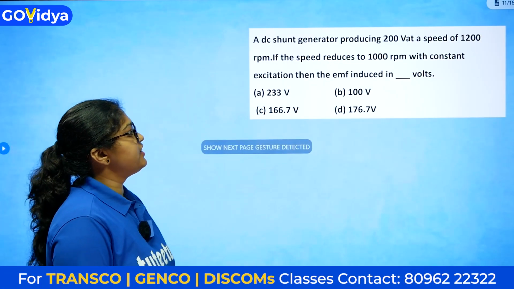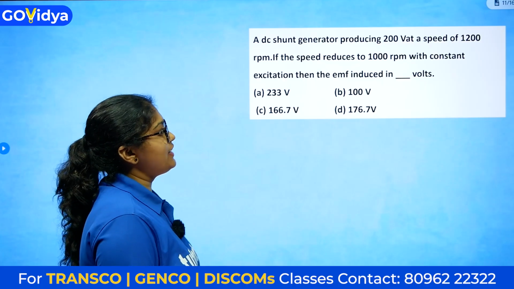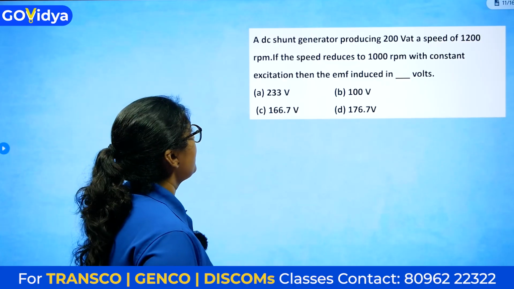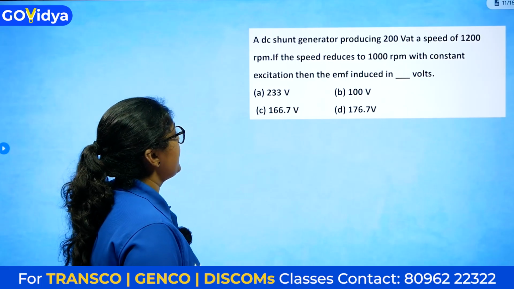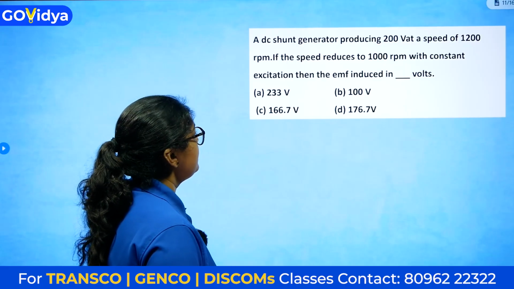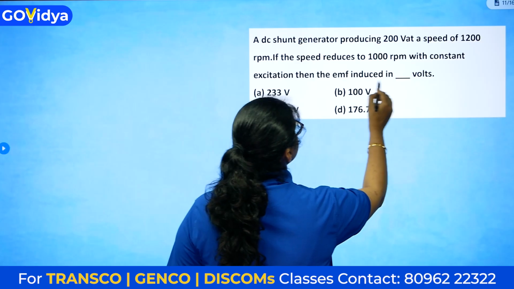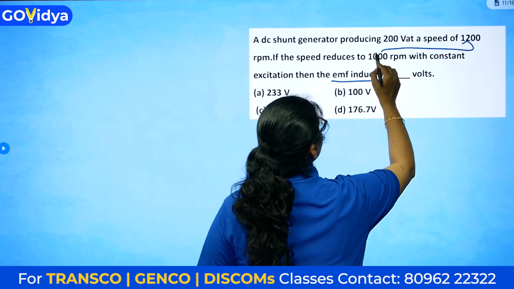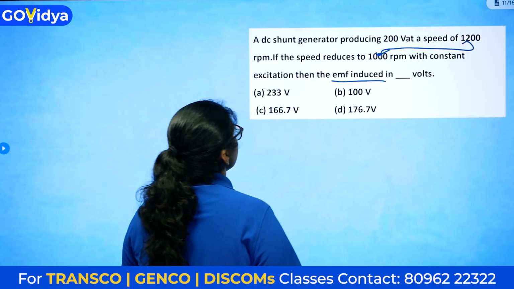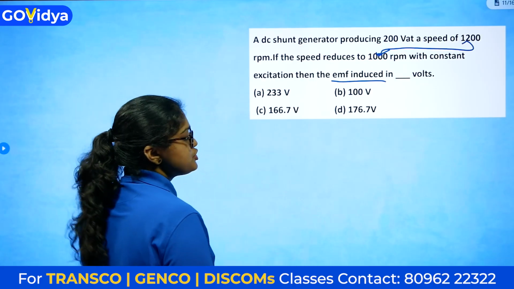A DC shunt generator produces 200 volts at a speed of 1200 rpm. If the speed reduces to 1000 rpm with constant excitation, then the EMF induced is? The speed has been reduced from 1200 to 1000 rpm, so we have to calculate E2.